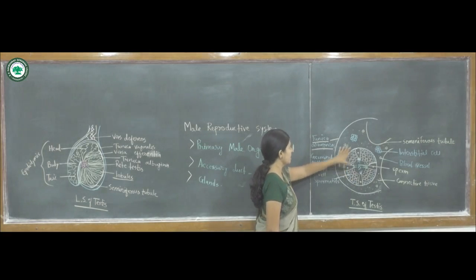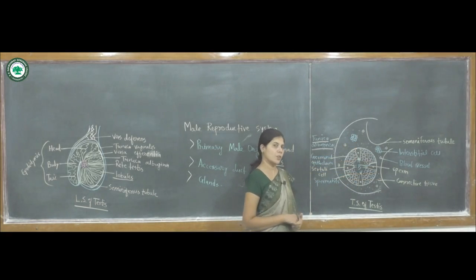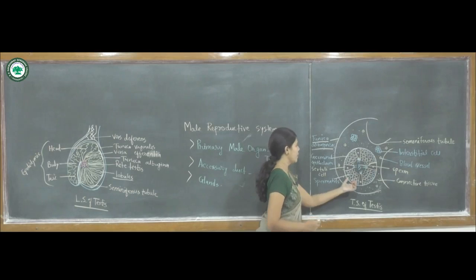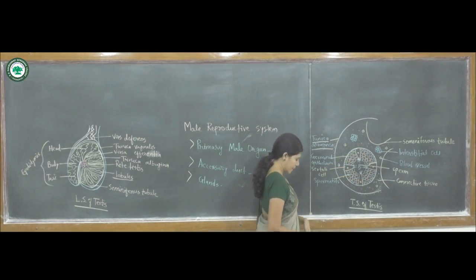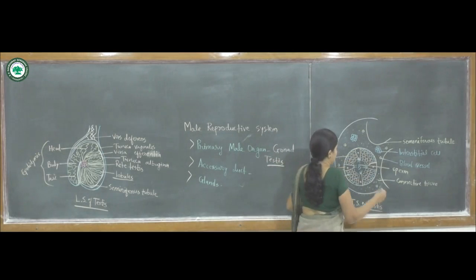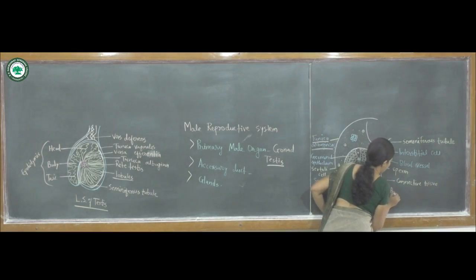There are 3 to 4 seminiferous tubules in each lobule, and the seminiferous tubule is made up of a basement membrane.